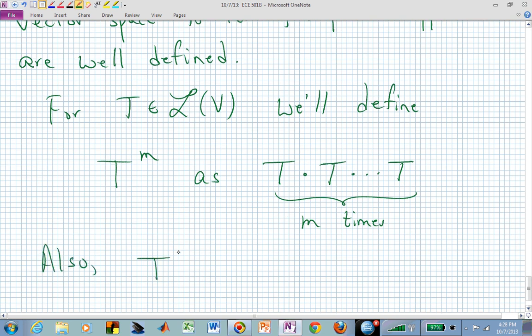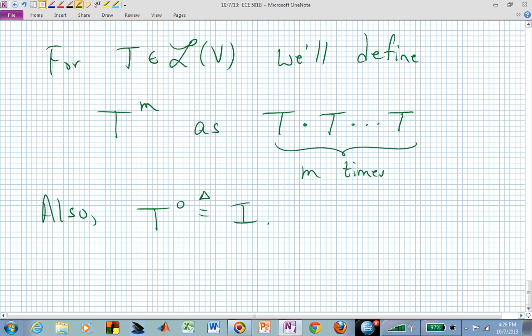Also, we define T to the 0 to just be the identity map. Just like x to the 0 or 4 to the 0, something raised to the 0 power is 1 if we're dealing with a scalar.